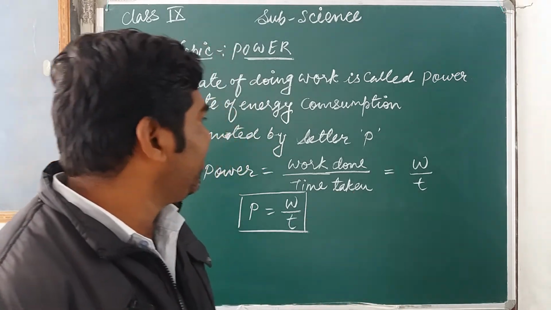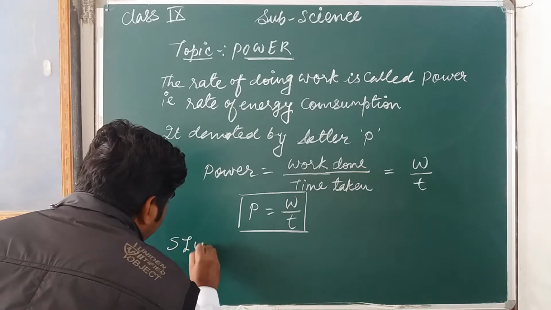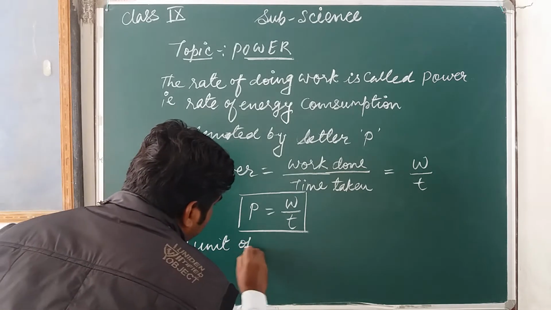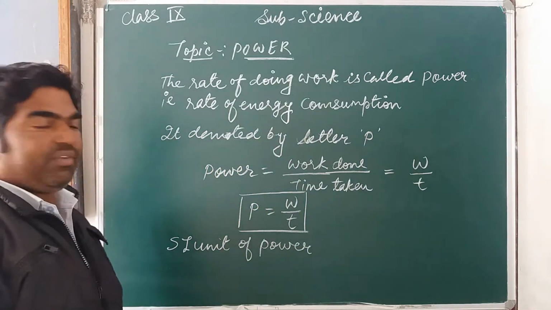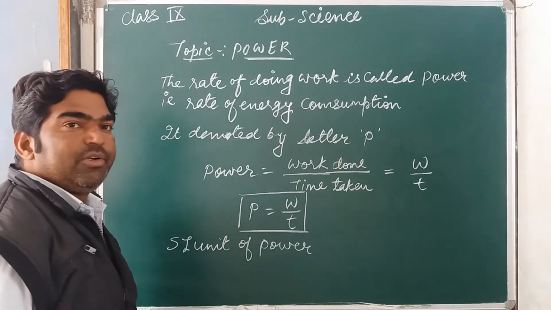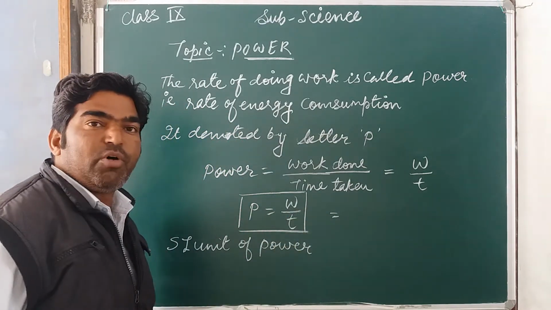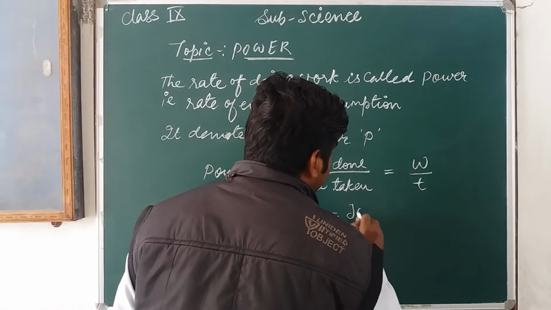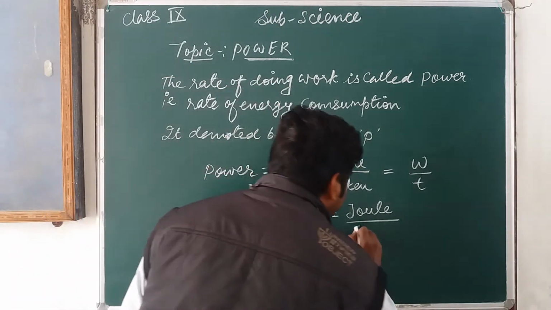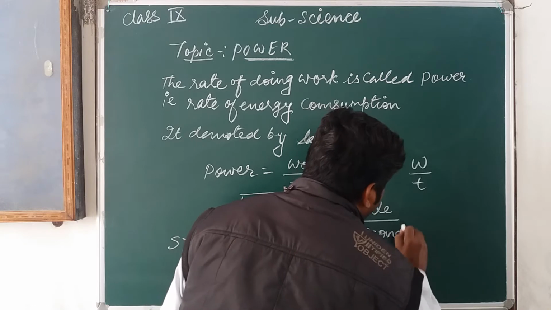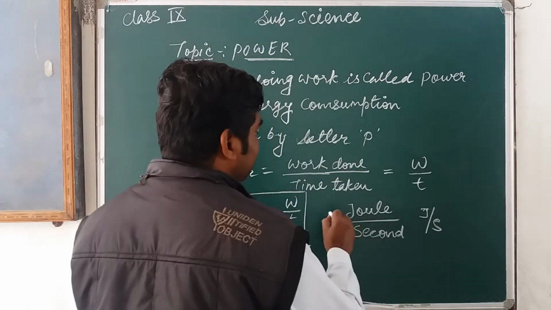From here, if we calculate the SI unit of power, you know that the SI unit of work is joule, and the SI unit of time is second, so joule per second.